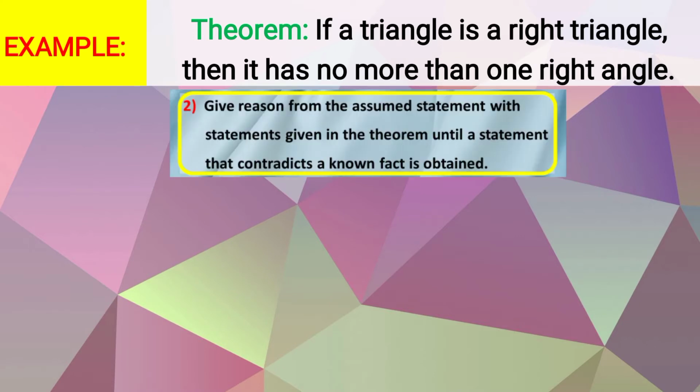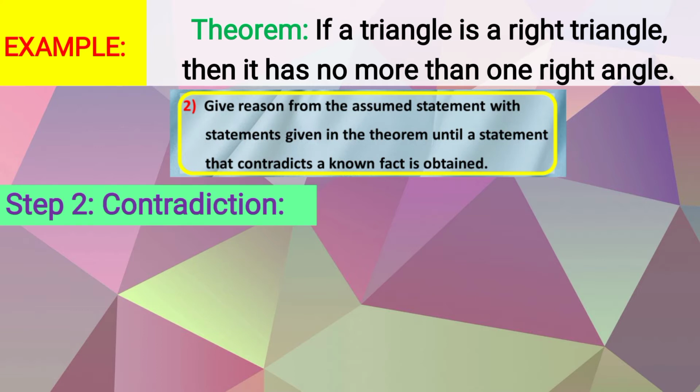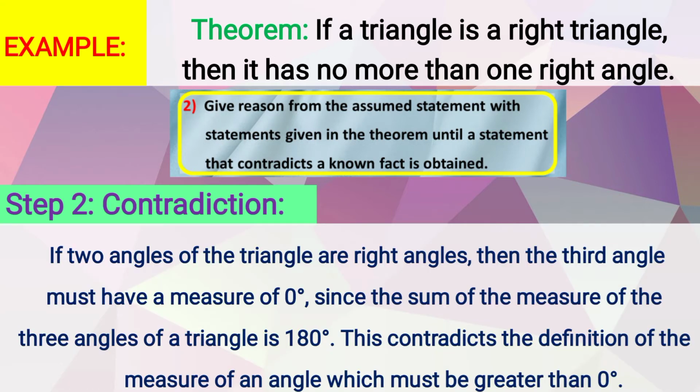Therefore, we can contradict: if two angles of the triangle are right angles, then the third angle must have a measure of 0 degrees. Since the sum of the measures of the three angles of a triangle is 180 degrees, this contradicts the definition of the measure of an angle, which must be greater than 0 degrees.